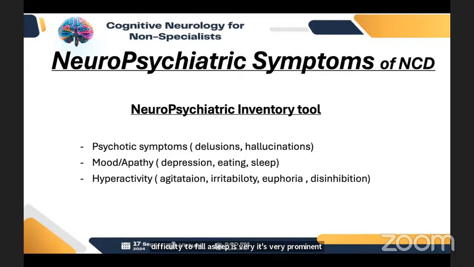And then hyperactivity, which as we mentioned is a part of agitation, being irritable, being euphoric, or being disinhibited. So those are two tools you could easily use in your clinic to track the behaviors that you're trying to treat throughout the course of the disease.